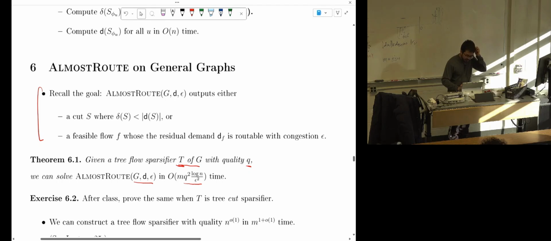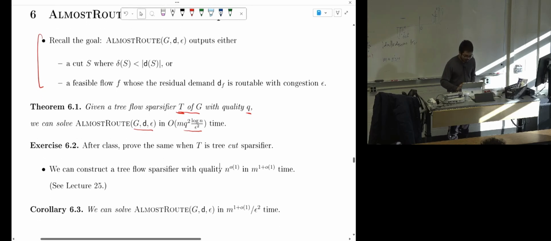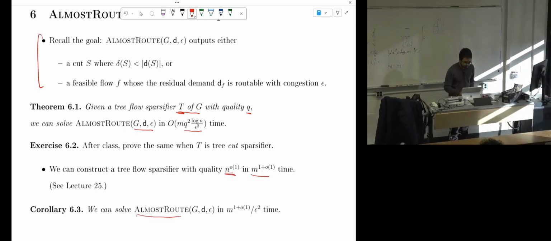so you see this, and then after class you try to prove the same thing, that even if I gave you a tree-cut sparsifier, you can prove the same thing. In class we saw how to build a tree-flow sparsifier with this quality in this time. So now it means that you can solve almost-route in almost linear time.